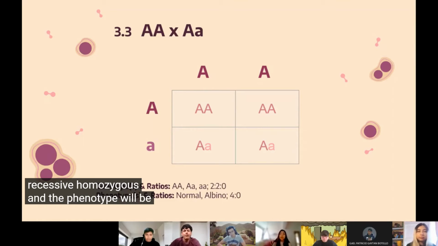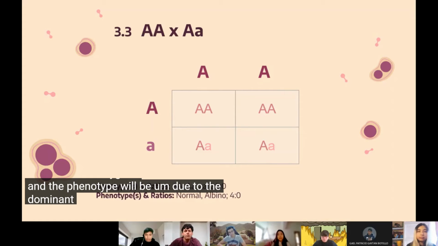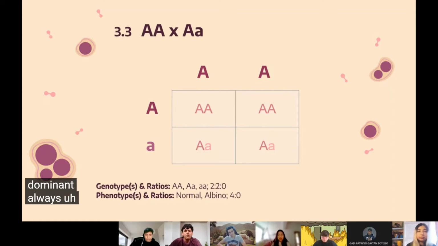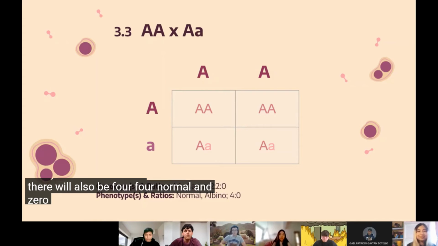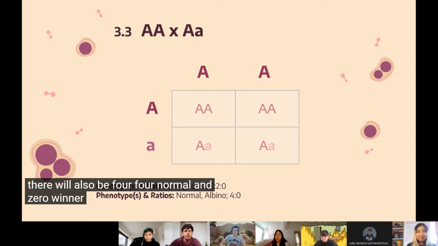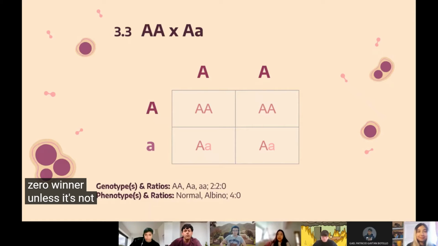The phenotype will always be decided by the dominant, so there will be 4 normal and 0 albino, unless they are not all homozygous.